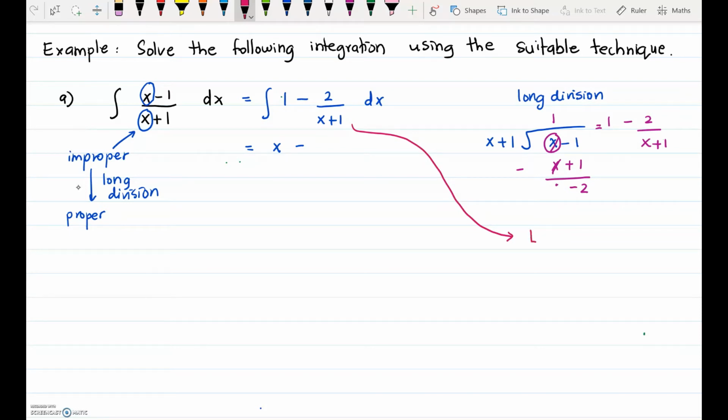Let u be x plus 1, and then du dx is, differentiate x, you will get 1, and then write dx as the subject. So dx equals du.